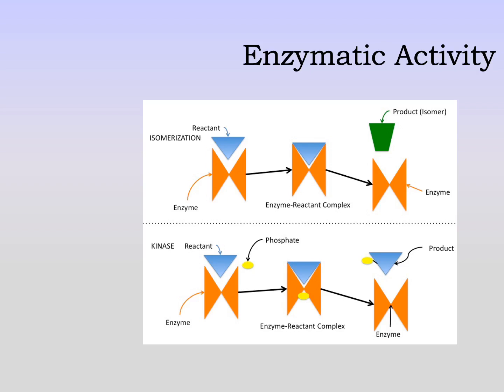By putting the phosphate and the reactant onto the enzyme, it will lock the phosphate onto the molecule. Any enzyme that's going to stick a phosphate onto a molecule is referred to as a kinase, K-I-N-A-S-E. We're going to be talking about a whole bunch of enzymes. If we say the enzyme is an isomerase, it's going to cause a change in the structure. If we say that an enzyme is a kinase, it's going to stick a phosphate onto something.